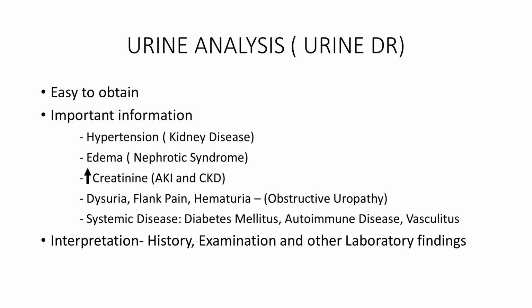Patients can also present with systemic diseases like diabetes, autoimmune diseases, and vasculitis, having different urine analysis findings. The interpretation of the urine DR, history, examination, and other laboratory investigations will help us in establishing the diagnosis of kidney disease.